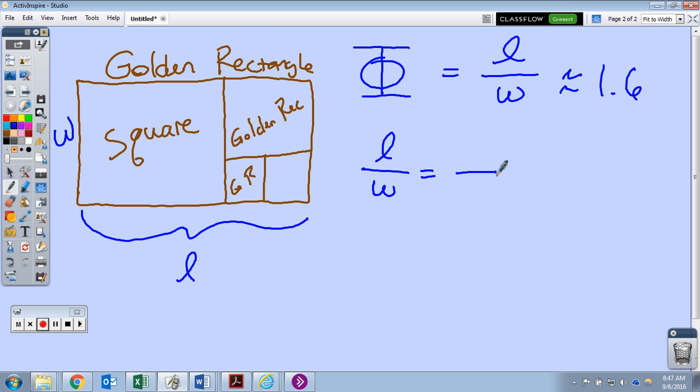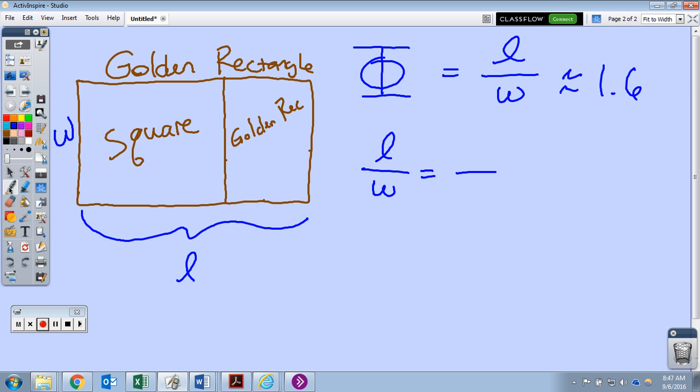Let me get rid of the pattern I showed before. That was layer 1. I was demonstrating that you can keep getting golden rectangles and go on forever. Okay, so this makes it much more clear.